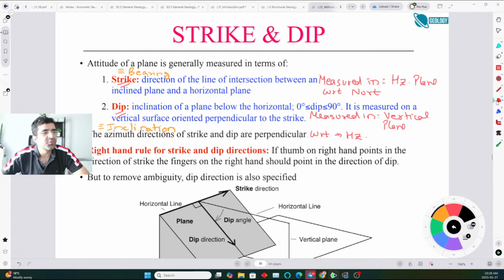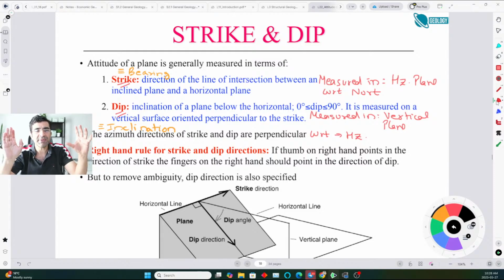So what do we measure in strike? It is measured in the horizontal plane with respect to north. Just like we were measuring the minute hand and the hour hand, you also have to say what you are measuring. For strike, a clock hand is a line, and a blade of a fan we considered as a line.